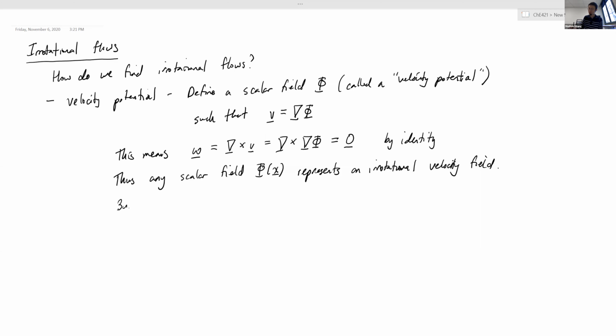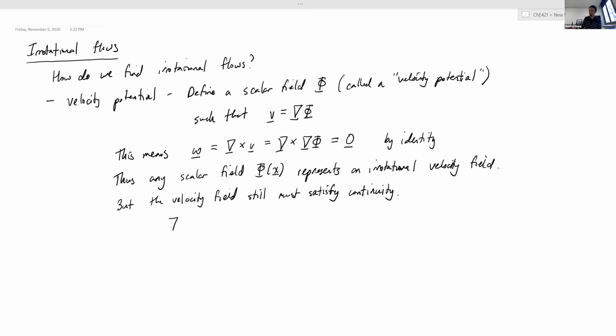So I'll say, but the velocity field still must satisfy continuity. Okay.